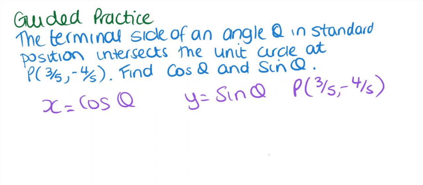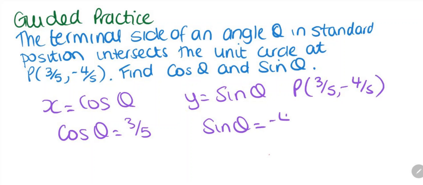The x value is 3/5, so cos of theta is 3/5. And sine of theta is equal to y, and the y coordinate is minus 4/5, so sine of theta is minus 4 over 5.